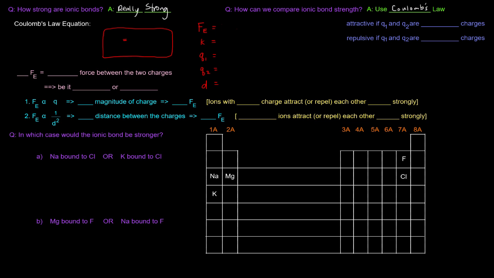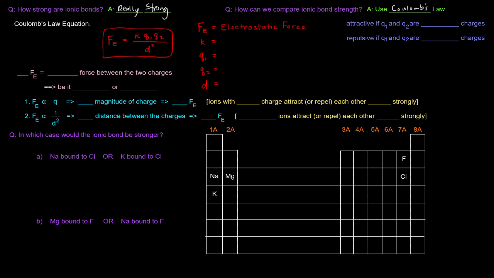Okay. So Coulomb's law equation is F_E equals k times Q1 times Q2 all over d squared. So what do all of these things mean? Now, I'm not going to get into crazy details with this because this is not really physics that we're studying. We're just going to use it for chemistry, so I'm not going to go too complicated. But we do need to know what each of these things represents. F_E is the electrostatic force.